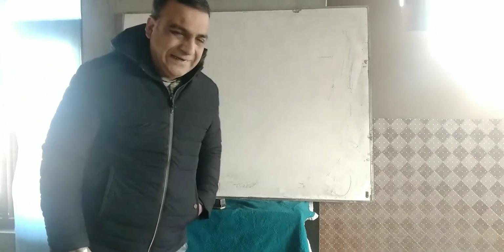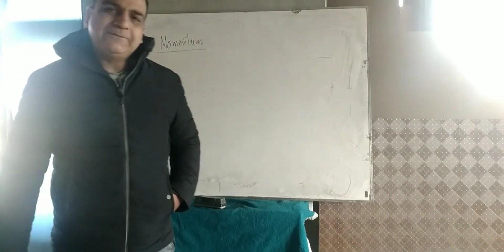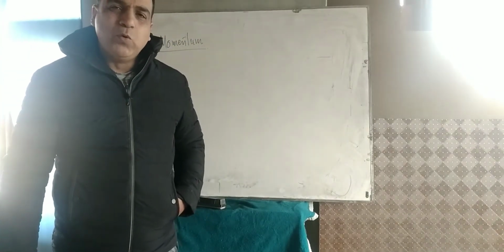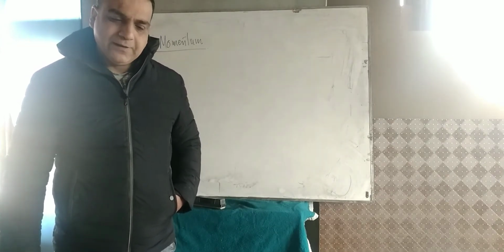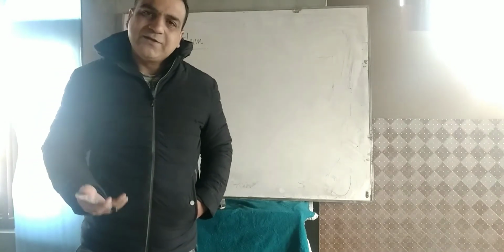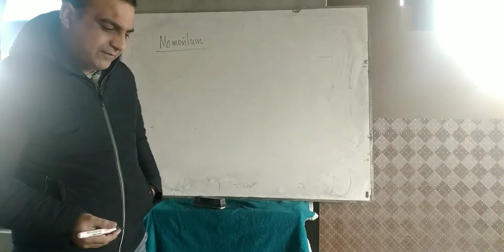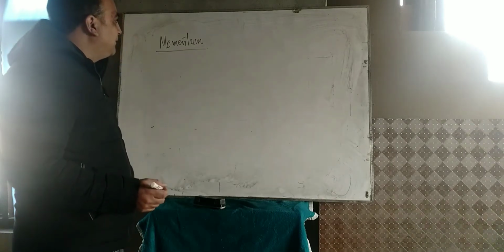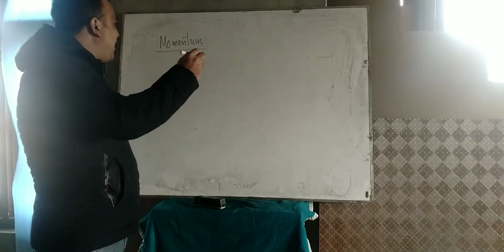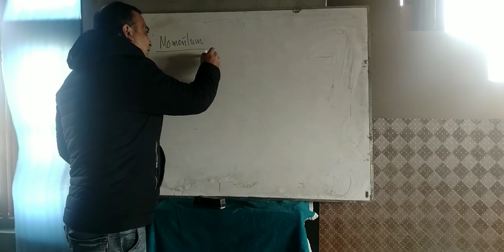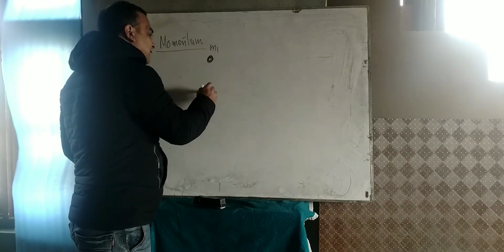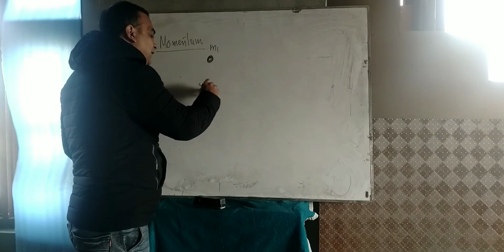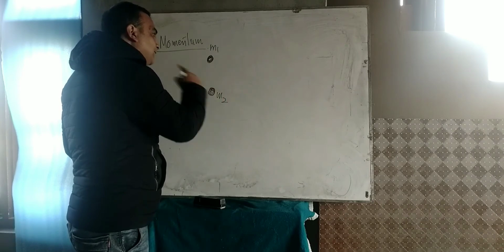Now, momentum means the quantity of motion that's present in a body. The quantity of motion that's present in a body is referred to as momentum. Suppose I have a ball, its mass is m1, and I have another ball, its mass is m2.